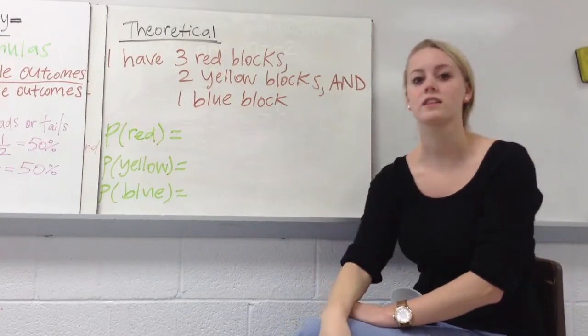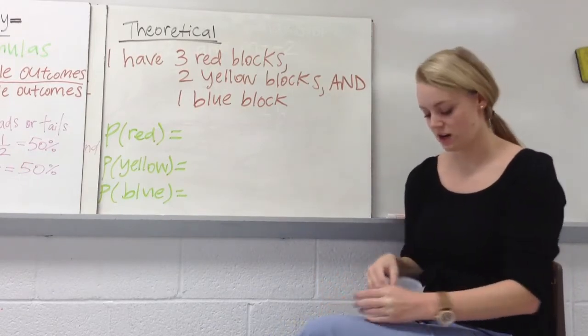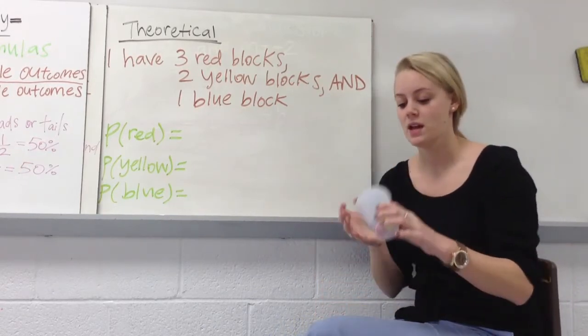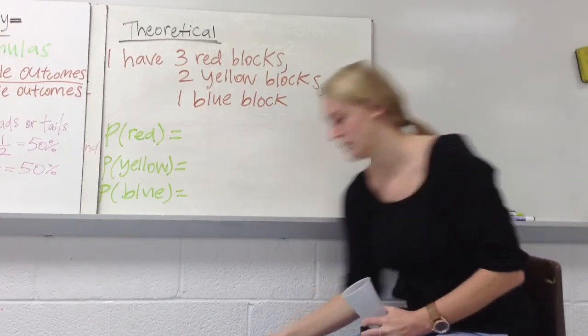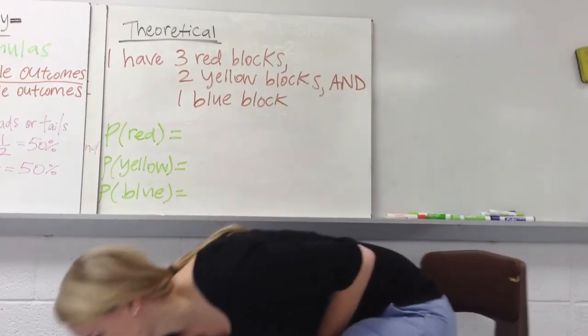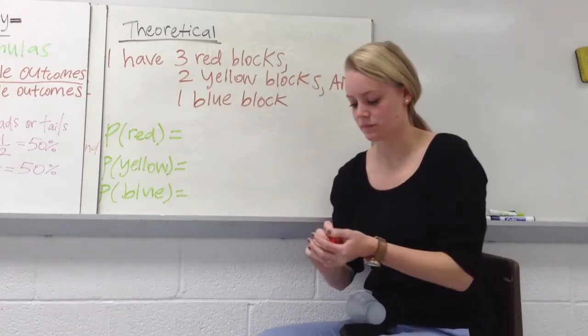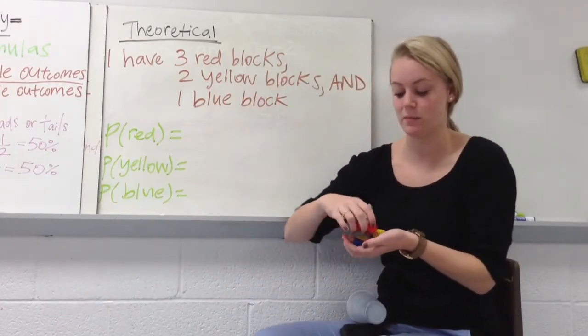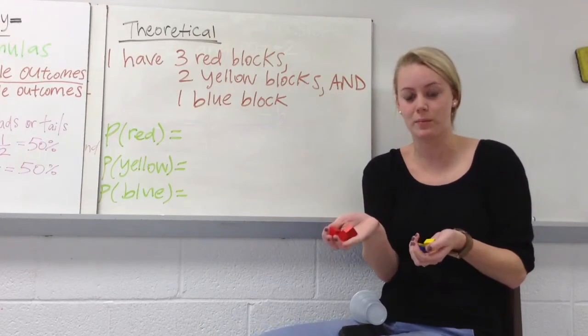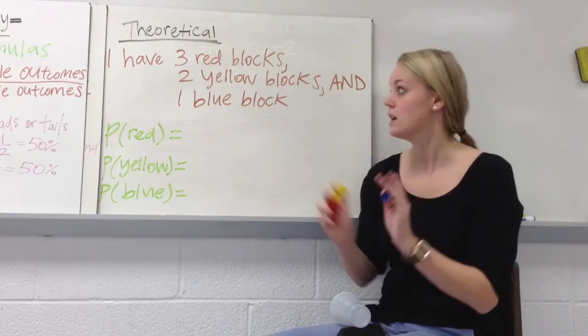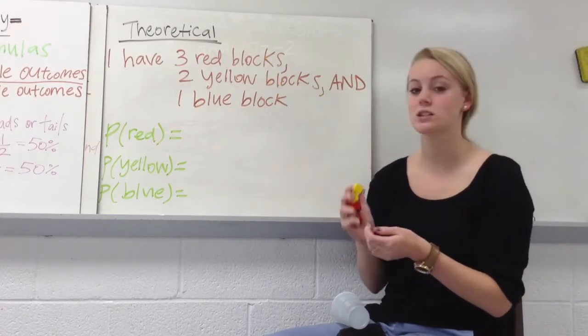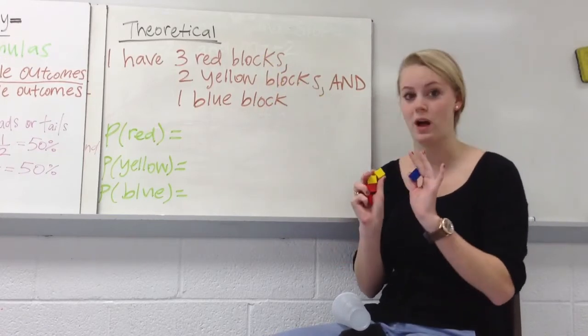So for theoretical, here in this cup I have 3 red blocks, 2 yellow blocks, and 1 blue block. As it says here, 3 red blocks, 2 yellow blocks, and 1 blue block.